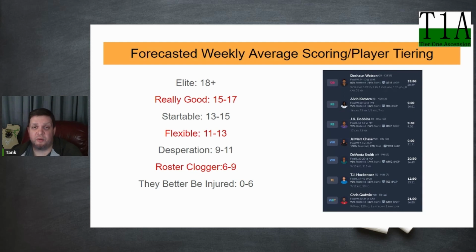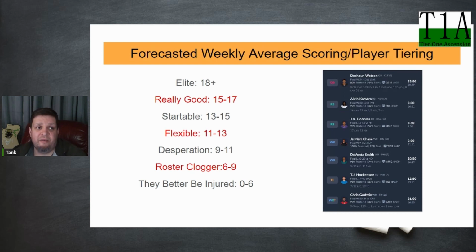If you have a guy that's scoring on average like 6 to 9 points, it's kind of a roster clogger. You don't really want to start him. You don't really want to give him away because he does have a little value, and so these guys make it hard to do anything with because they're just filling space on your bench. They might have future upside.